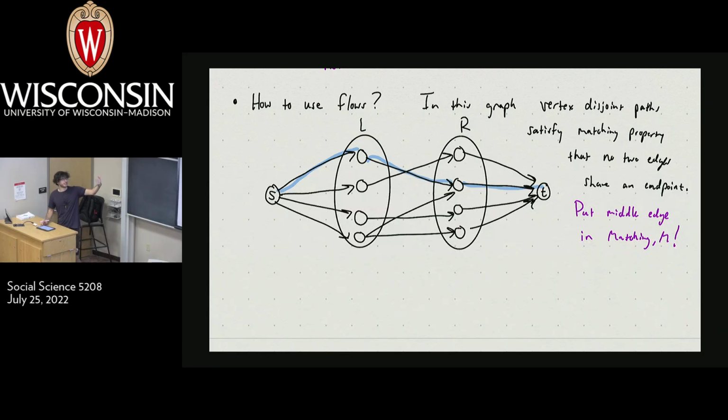So this is the idea. This isn't literally what we're going to do, but this is what you should be thinking of. Vertex disjoint paths essentially give us matchings in the graph.